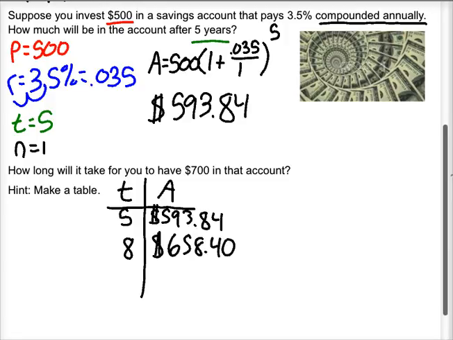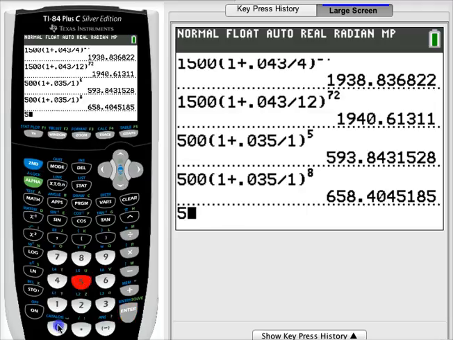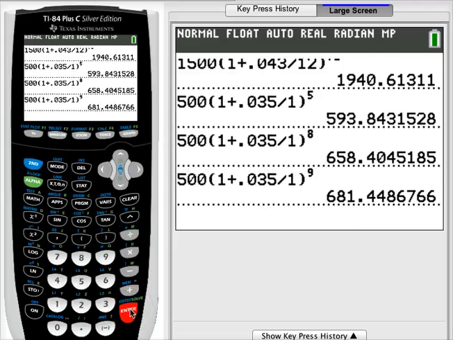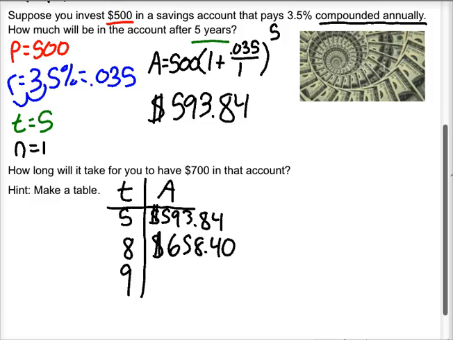So I'm still not up to that 700, but I'm getting close. So let's try 9. So I'm going to go back to my calculator, and now I'm going to plug in 9 and see what I get. Okay, well, I'm getting closer, $681.45, but I'm still not quite to that 700.